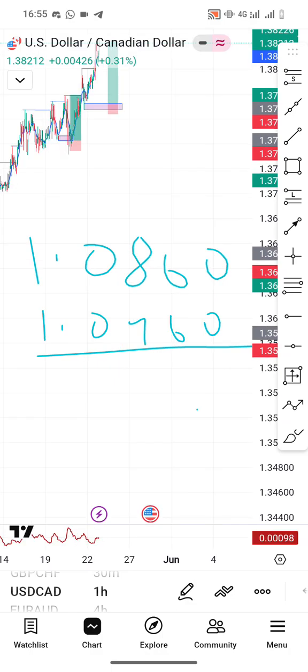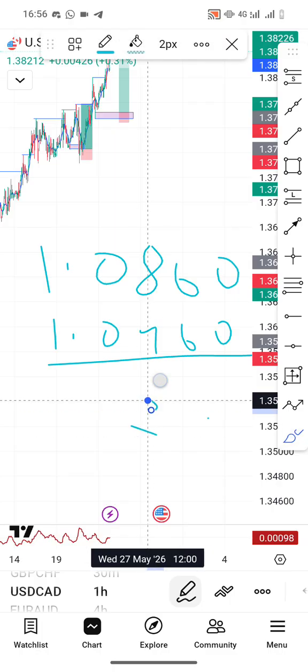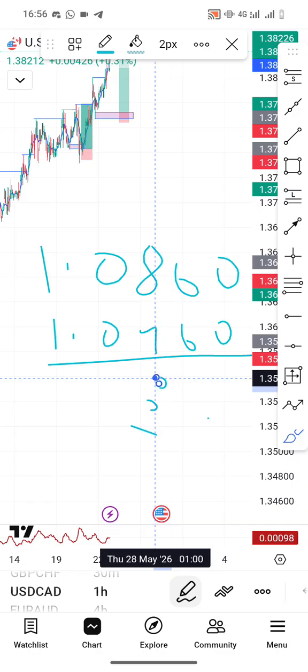So this is the second way I look at it. Let's say right now you were to check which pip changed, where are the changes? If you look at the 0 right here, the 0 is still the same, the 6 is still the same, the 8 went to 7. So right now we moved down 100 pip.